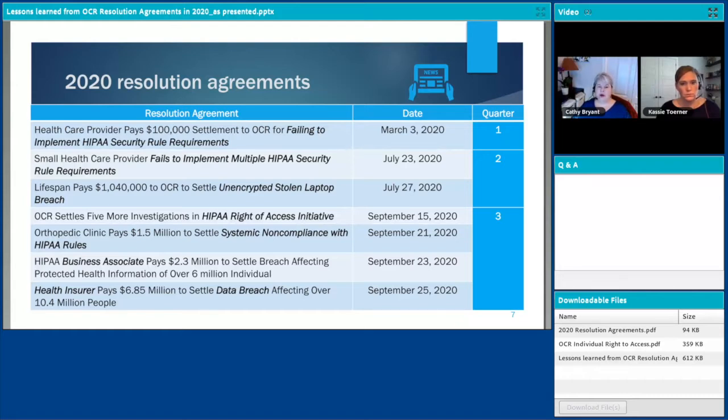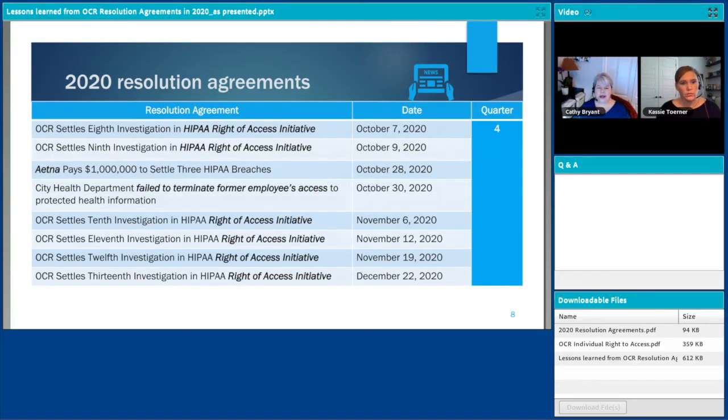The second quarter, there were only two settlement agreements, and the third quarter we saw 4 settlement agreements. The fourth quarter is a different story. There were 4 settlement agreements, with the last actually being on December 22nd, which was the 13th investigation in the HIPAA Right to Access initiative. And we're going to talk a little more about that at length toward the end of the program.